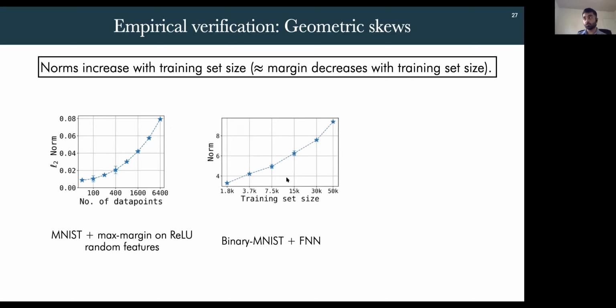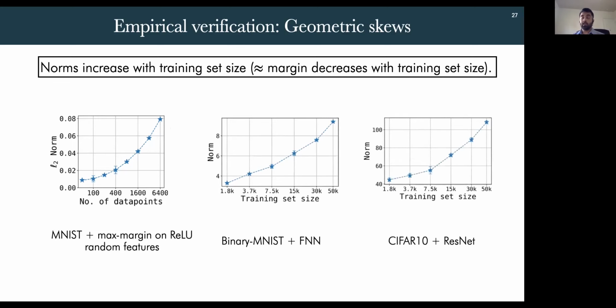Now, of course, that is on the max margin classifier. What happens in the case of neural networks? Here things are much more fuzzy. We don't really have a good understanding of how the margin of separation relates to some sort of norm of the neural network. So as a surrogate for that, we just look at distance from initialization.